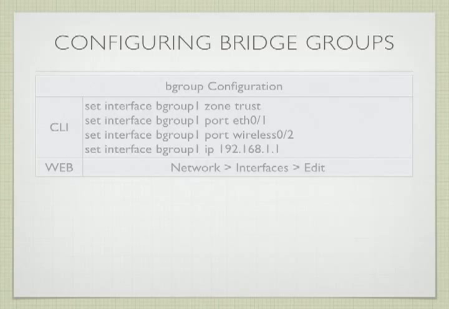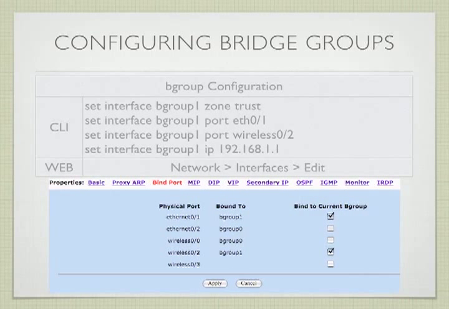On the web interface, you would go to network interfaces, edit the B group that you want to configure, and then on the bind port tab is where you show which interfaces will belong to that group. So you can see all the memberships of B group 0 and B group 1 that we saw in the previous slide, and by changing the checkboxes you can rearrange the interfaces that belong to this particular bridge group.